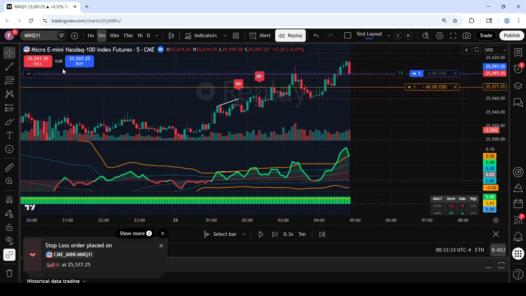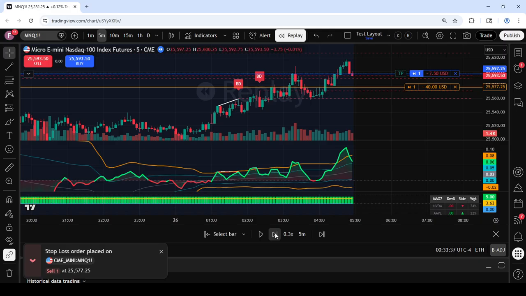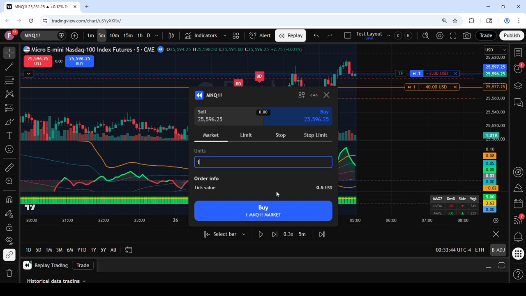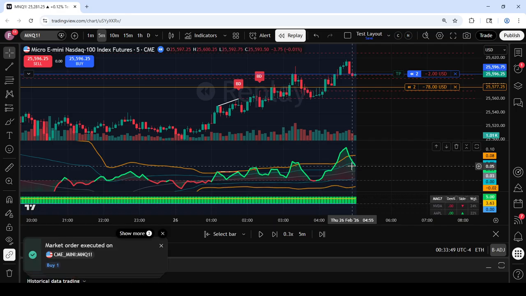No take profit yet. Alright, let's step forward. And forward. I'm going to buy another contract right here because I'm seeing bullish price action. Step forward.